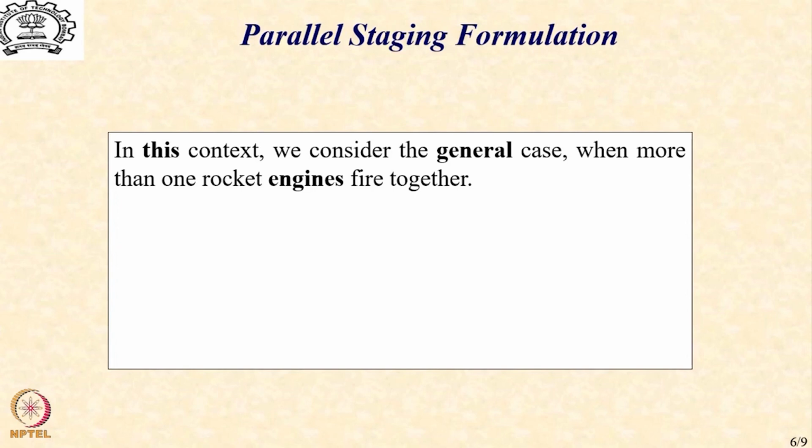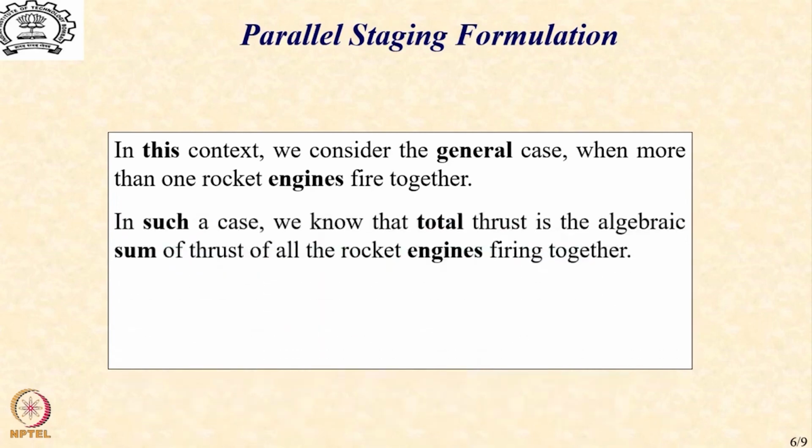It does not matter which of these cases is actually operated, as long as we assume that there are more than one rocket firing at the same time. In such a case, we know that the total thrust generated for this configuration is the algebraic sum of thrust of all rocket engines firing together.